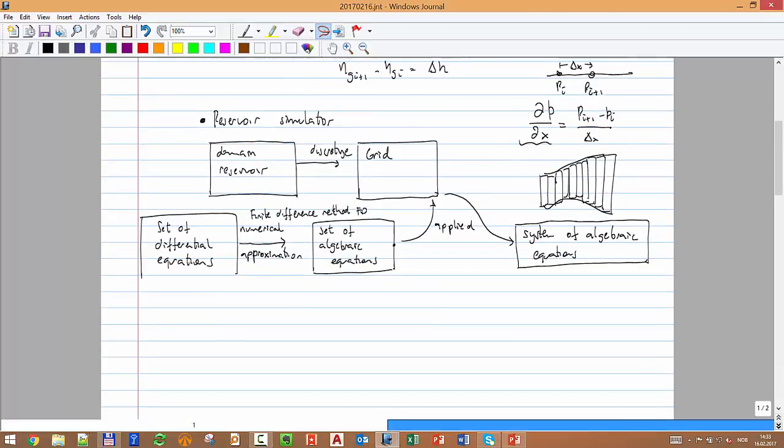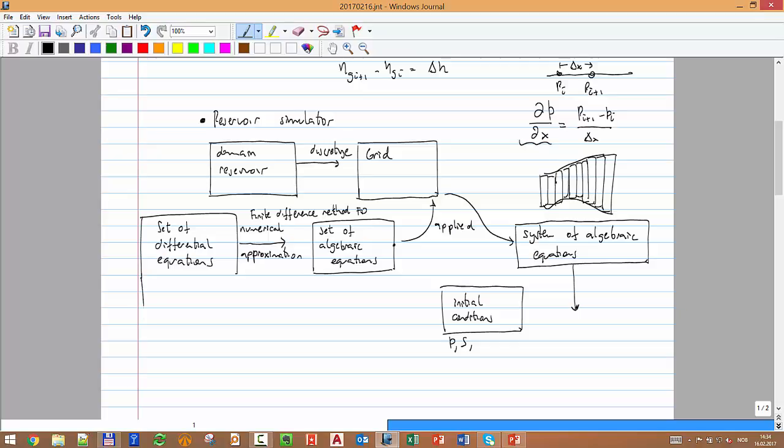You get a system of algebraic equations, and usually I cannot solve it, so these equations need something. They need two things. They need initial conditions. So that means you need the initial pressure in each cell. You need saturations, you need which kind of fluid you have.